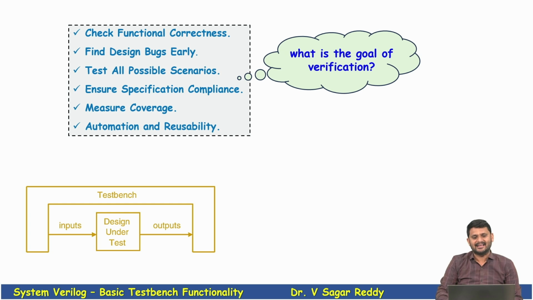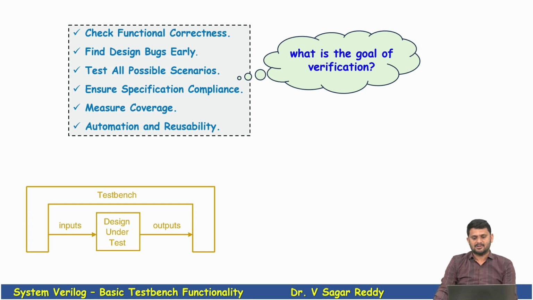A single undetected bug at the chip level can cost millions of dollars in respins and recalls. A well-built test bench is what stands between a successful product and a catastrophic failure.